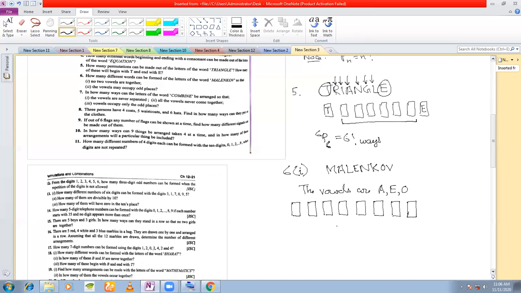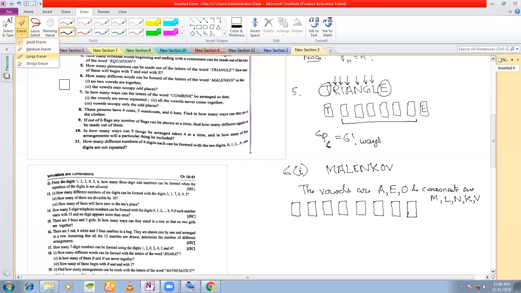If the vowels are never together, tell me how many consonants are there? What are the consonants here? M, L, N, K, V. 5 consonants. Instead of going into places, now see here.